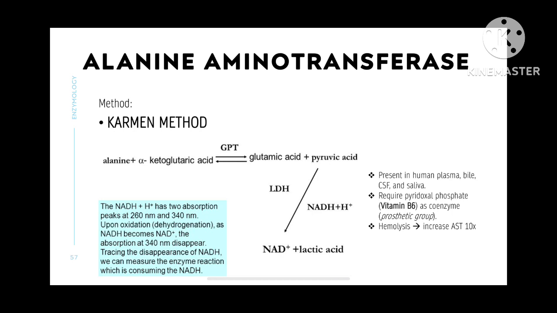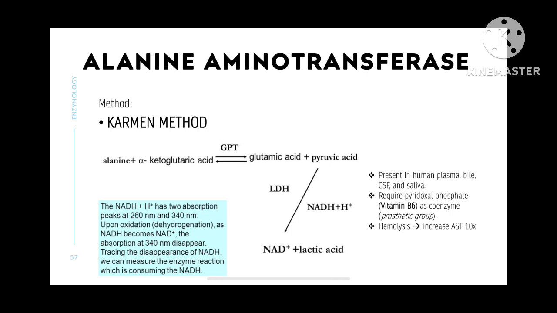The typical assay procedure for alanine aminotransferase consists of a coupled enzymatic reaction using lactate dehydrogenase as the indicator enzyme, which catalyzes the reduction of pyruvate to lactate with the simultaneous oxidation of nicotinamide adenine dinucleotide plus hydrogen. The change in absorbance at 340 nanometers measured continuously is directly proportional to the ALT activity.